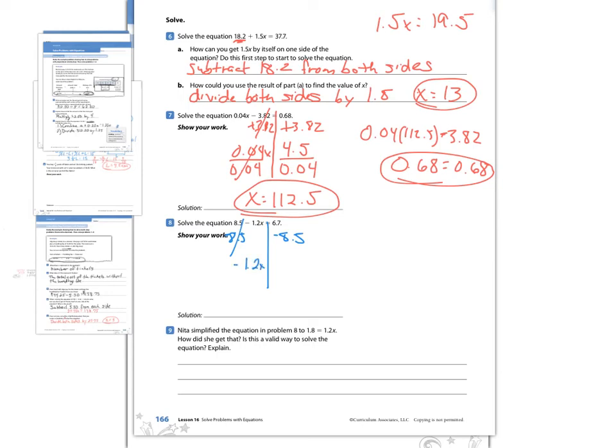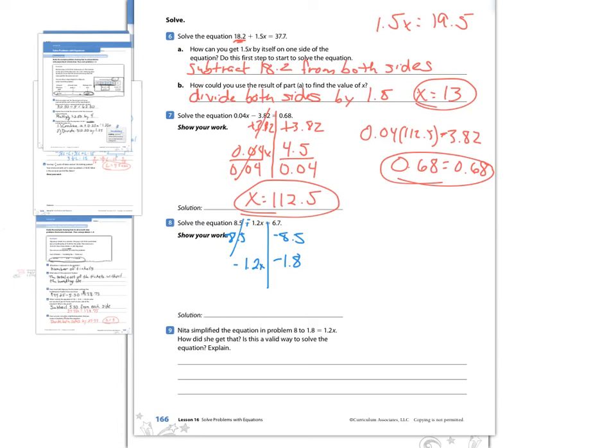It is a negative 1.2x, because in the original equation we were subtracting 1.2x, which is the same thing as adding a negative 1.2x. The value on the right is equal to negative 1.8.